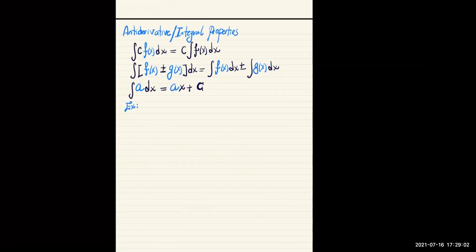Let's say I am to find the antiderivative of, let's say, 5 times the cube root of x plus, let's say, 10 sine x minus, let's say, 4 over x squared.